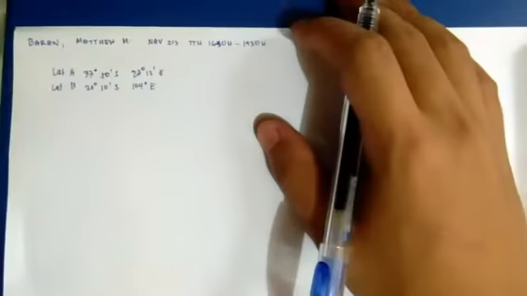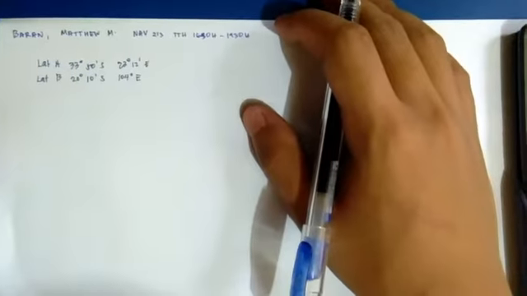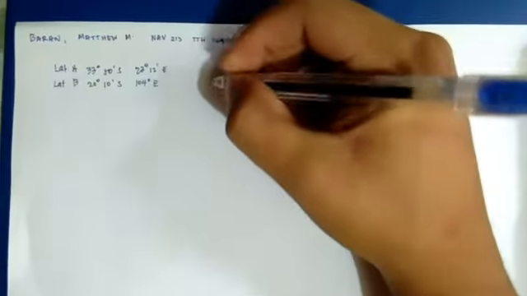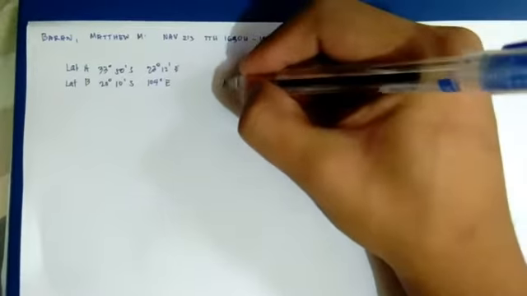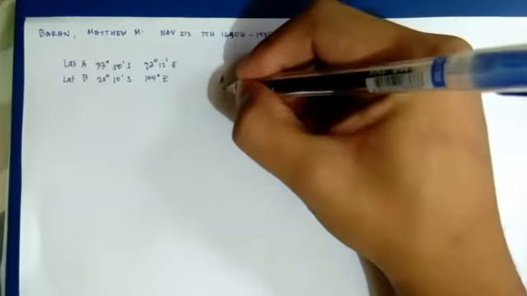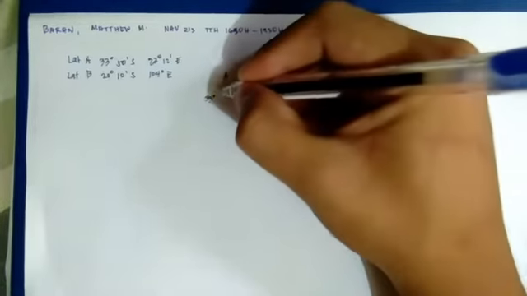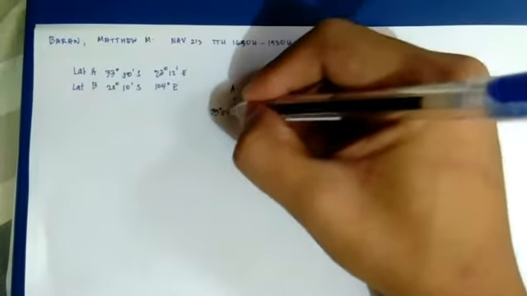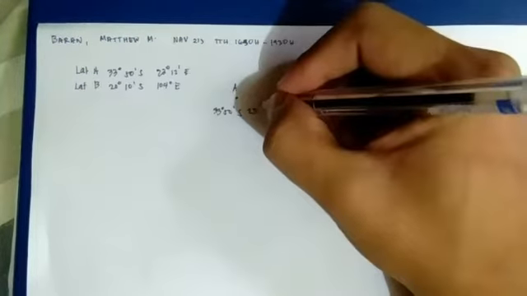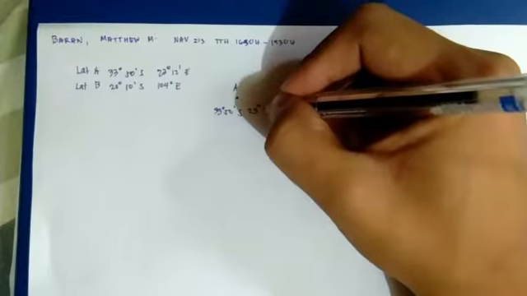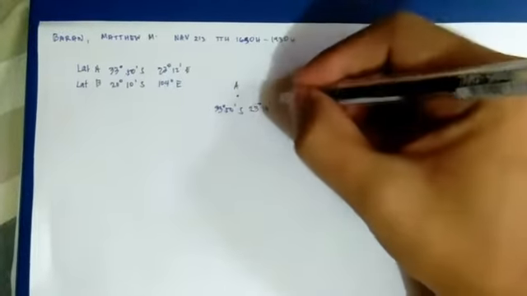So the next thing we need to do is to draw our great circle track. First, we need to put our latitude A here, which is 33 degrees 50 minutes south and 23 degrees and 12 minutes east.